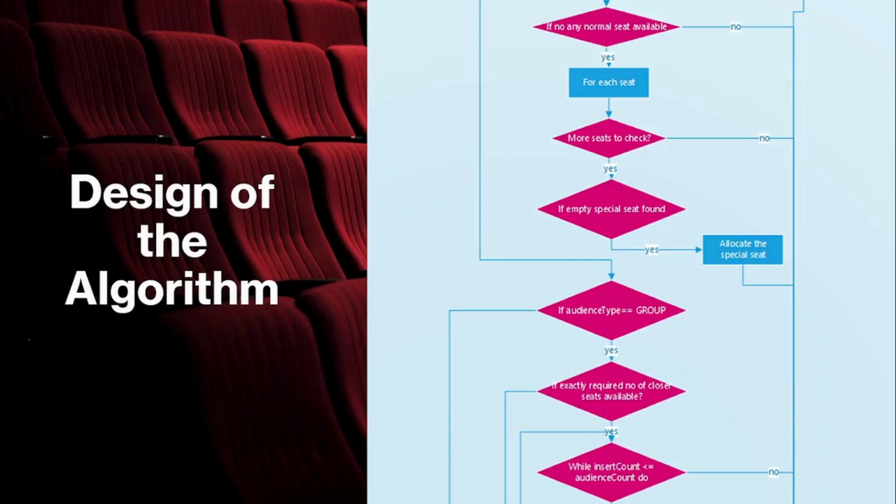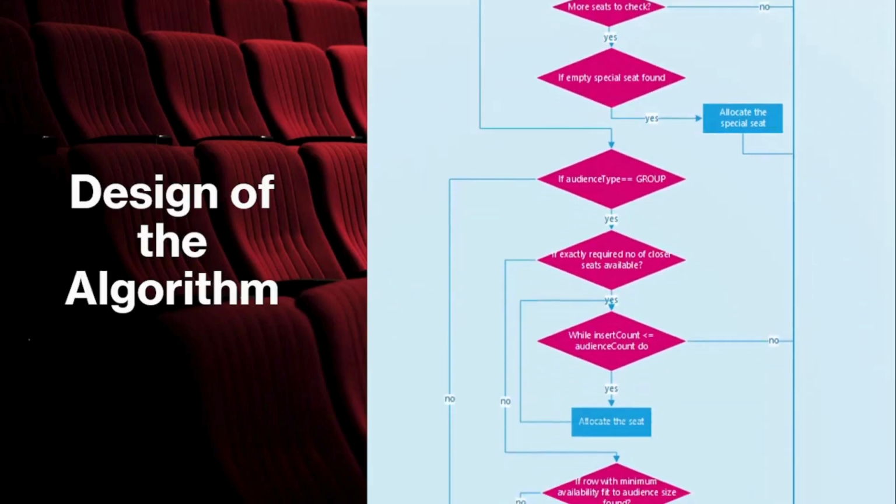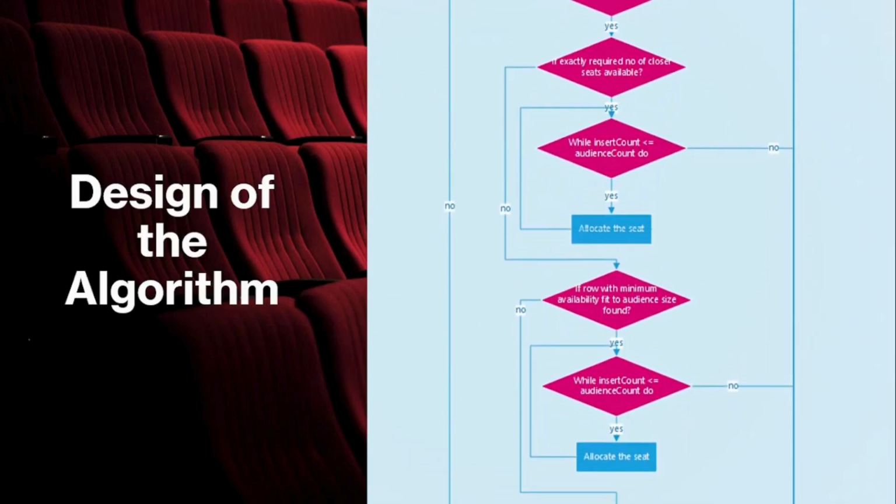If the audience type is group, then it checks whether there are any close together seats available that exactly fit the size. If so, such seats will be allocated, but if not, then it finds seats with the minimum availability to insert such a group in a row, leaving only a few empty seats.